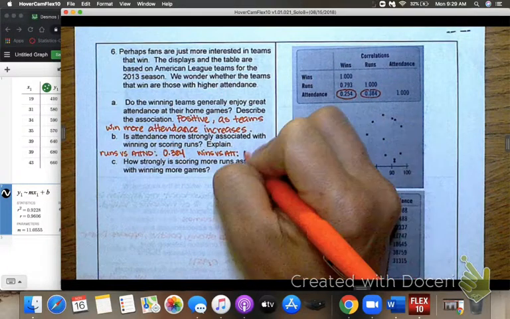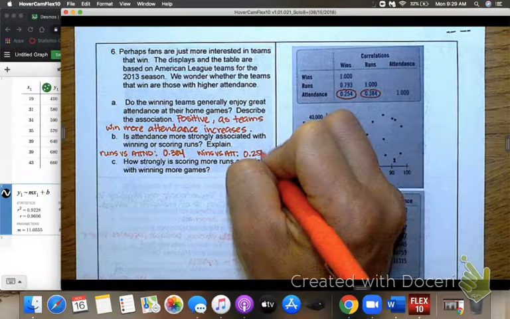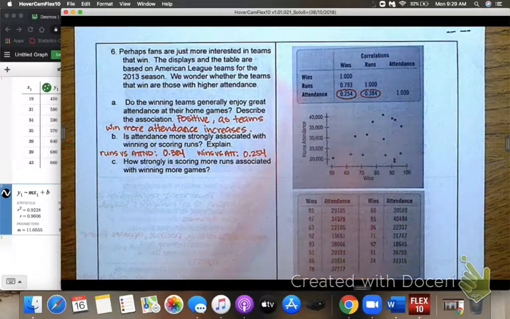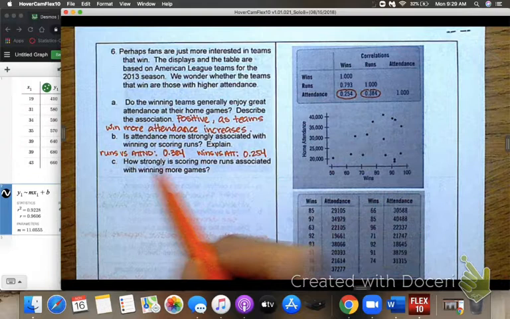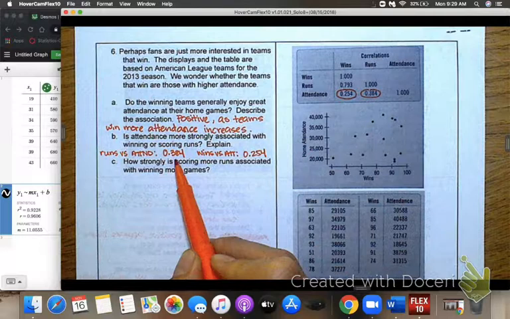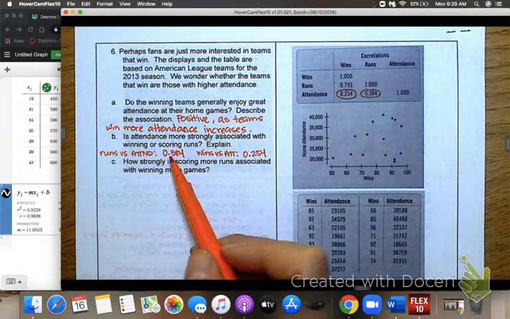So neither of them is a very strong correlation, but the correlation for runs and attendance does seem to be higher. So it says, is attendance more strongly associated with winning or with runs? I would say it's more correlated with runs.